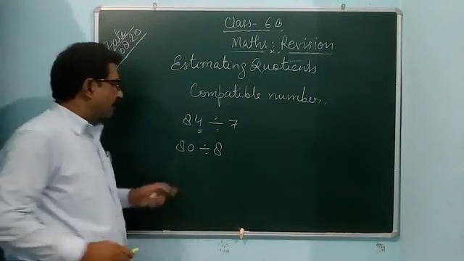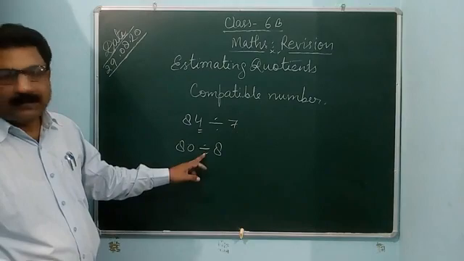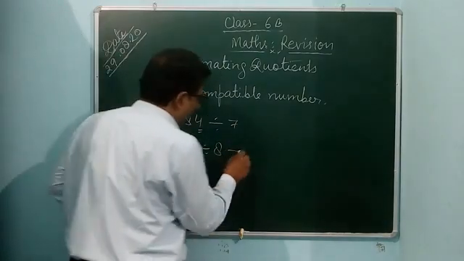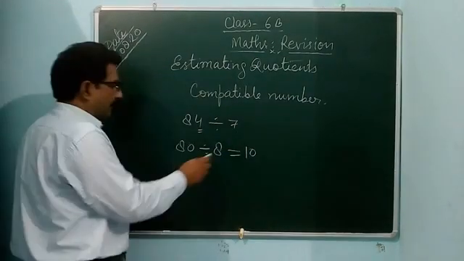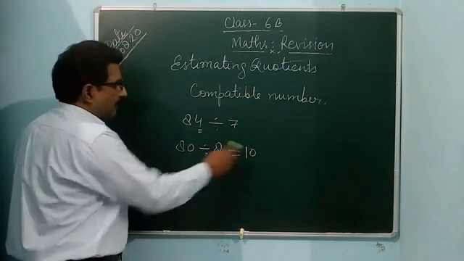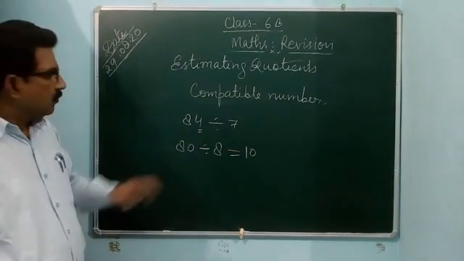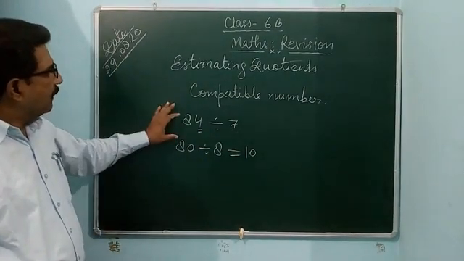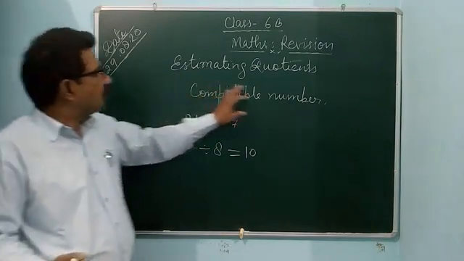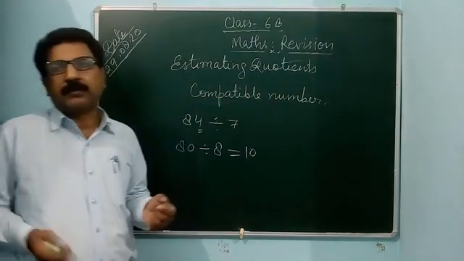So 80 can be divided easily by 8 and it will come 10. In this way you can use compatible numbers for division.